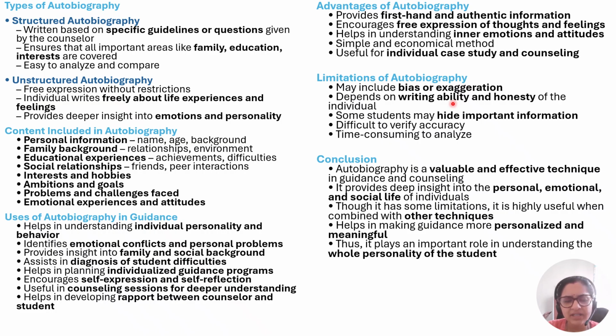If there is a very small thing, a person may project it as a very big thing in his autobiography. It depends on writing ability and honesty, and some students may hide important information. Since it is totally based on the student, he might exaggerate a few things, he might hide a few things, complete information may not be available.